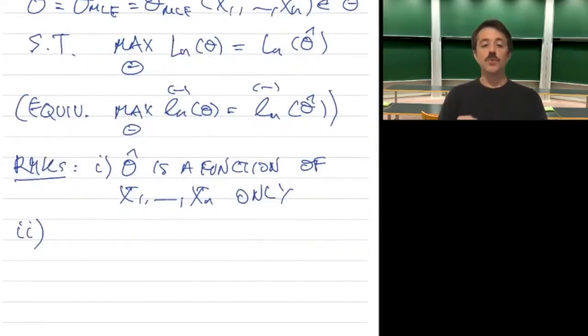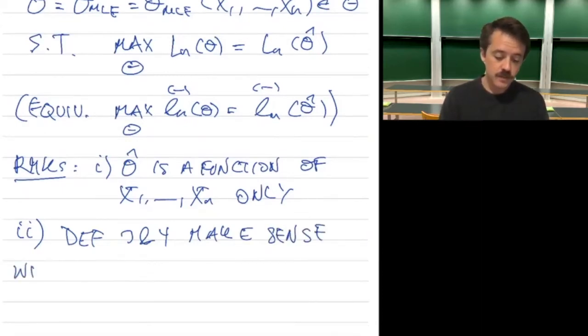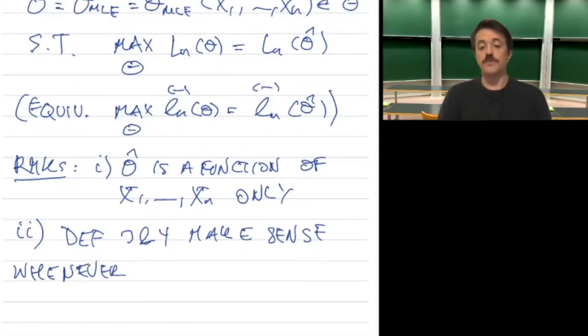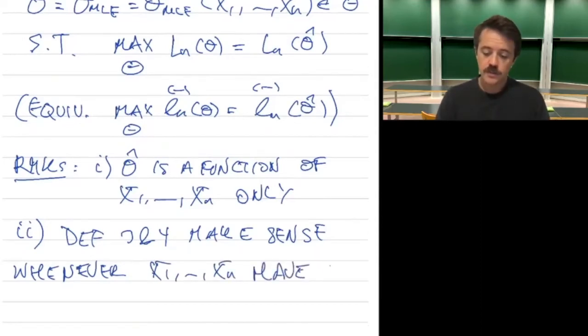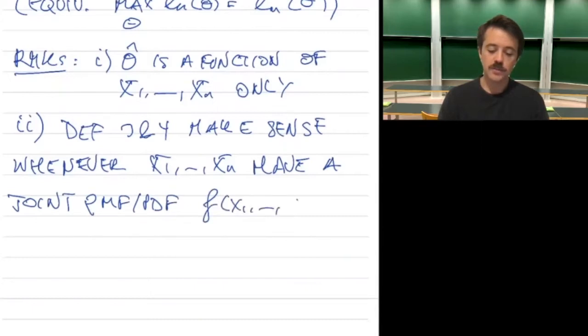So definitions 3 and 4 will make sense whenever x1 to xn have a joint PMF or PDF depending on some theta, and essentially the IID-ness is not needed.